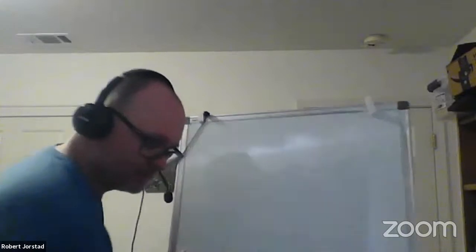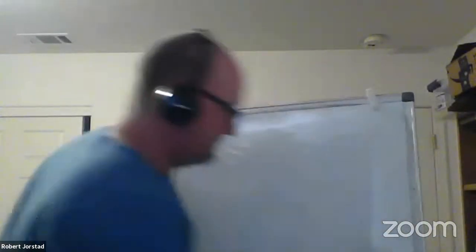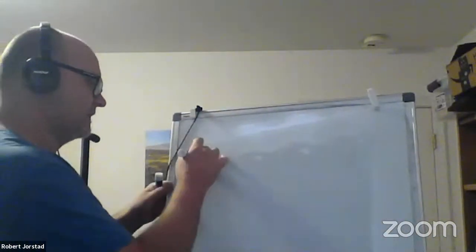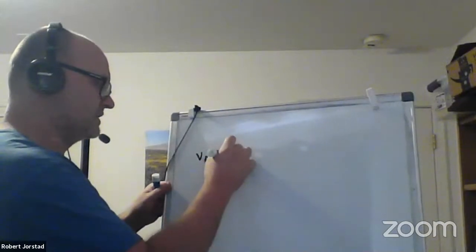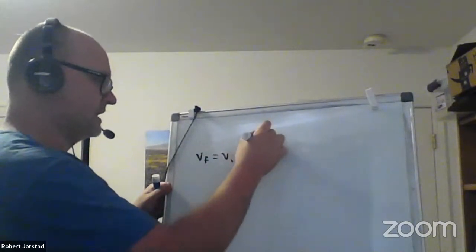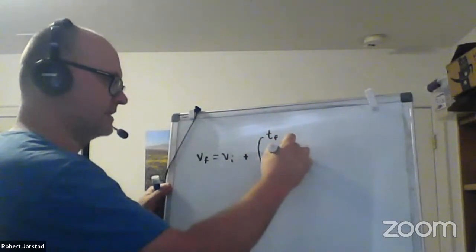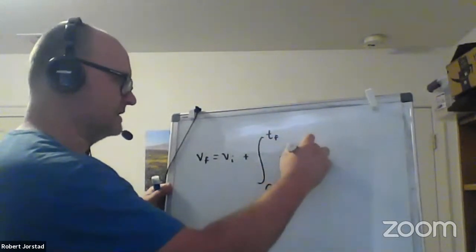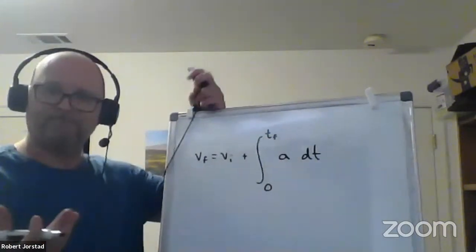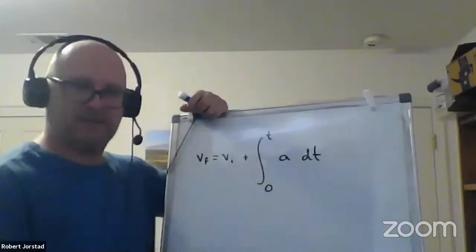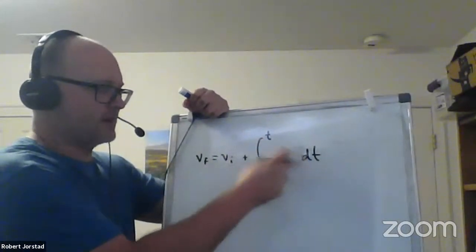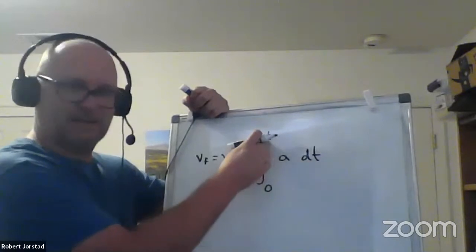I think this will help if I show it here. So you're doing something where you get v final equals v initial plus the integral of, let's say, a dt, something like that. Now the idea here is I don't like writing the letter t up there because it's a circular reference between the integrand and the limits.